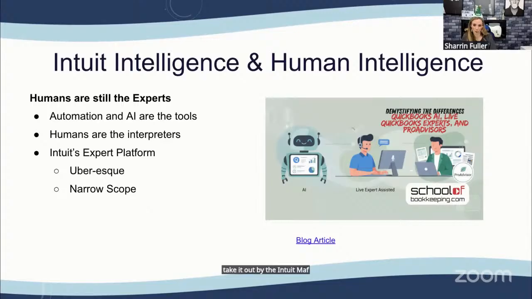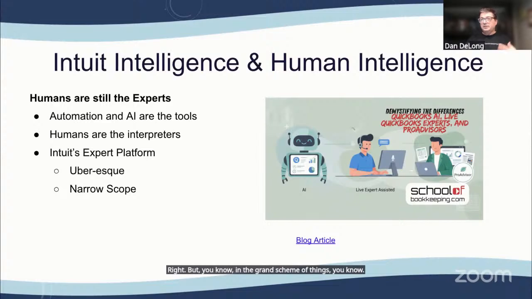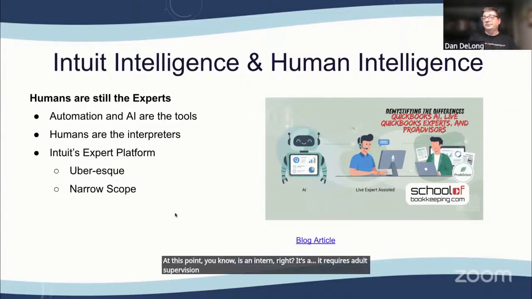But in the grand scheme of things, human and AI at this point, and we've had these conversations with Michelle in the past, is that AI at this point is an intern, right? It requires adult supervision, so it requires some human oversight.